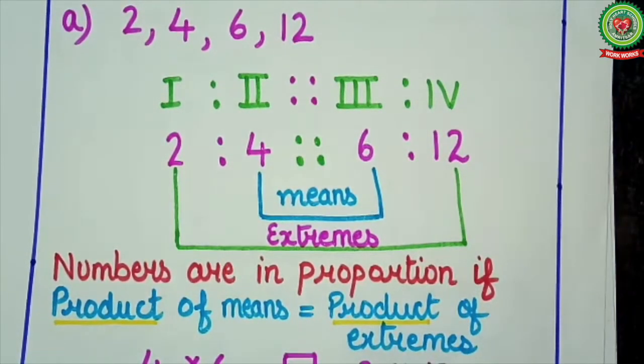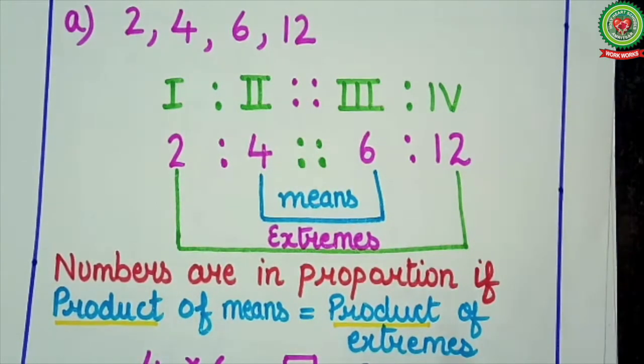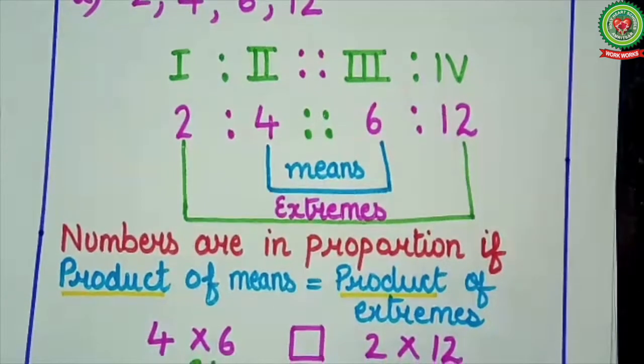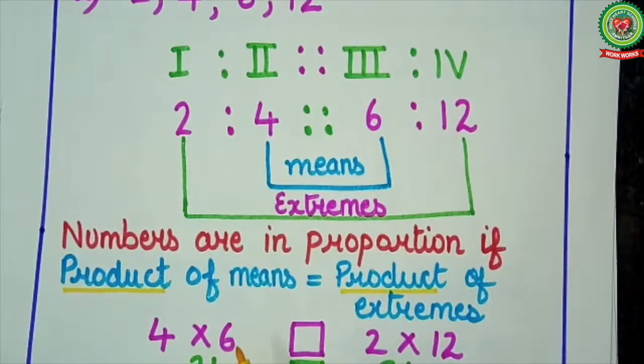What is the meaning of product? Product means we have to multiply. So the product of means is 4 multiplied by 6. And what is the product of extremes? 2 multiplied by 12. Here it will be 4 multiplied by 6 box 2 multiplied by 12.